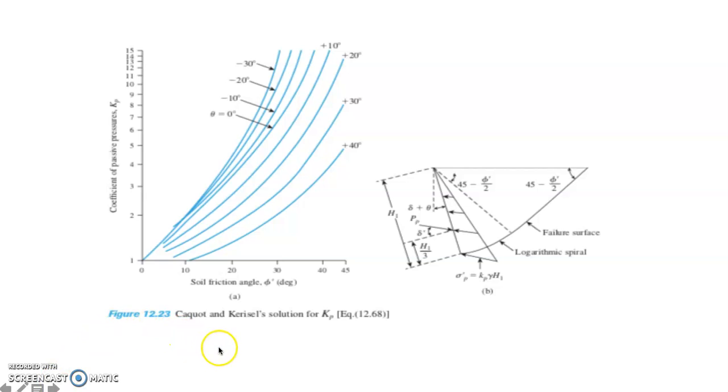For the passive pressure coefficient, you can use this figure to get the value for K sub P. We need the value for theta and the angle of friction so that we can have the value for K sub P. And we have here the illustration for Caquot and Kerisel's solution on the analysis for passive earth pressure.